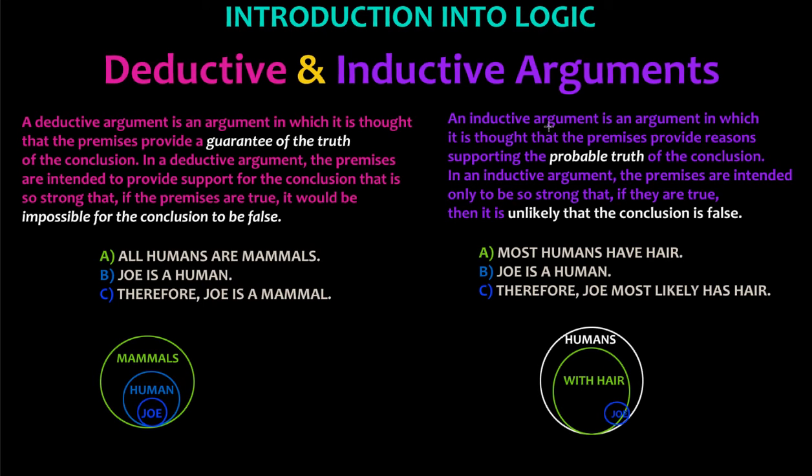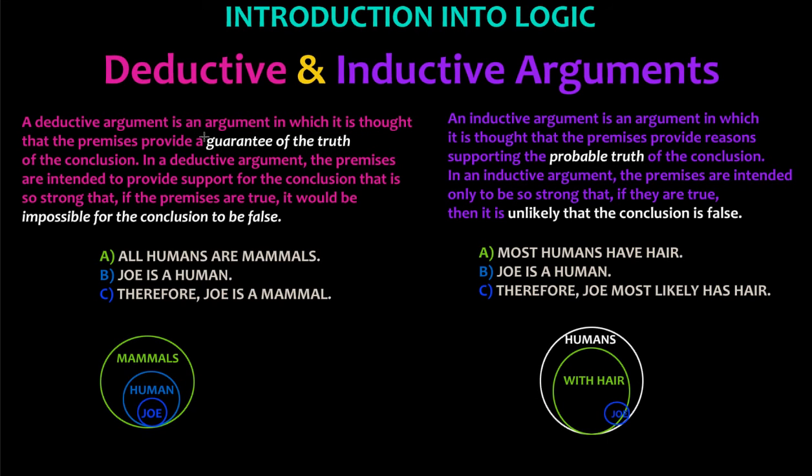An inductive argument is an argument in which it is thought that the premises provide reasons supporting the probable truth of the conclusion. Note the difference between probable truth and guarantee of the truth.